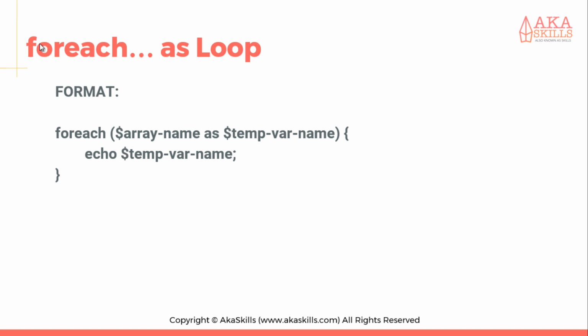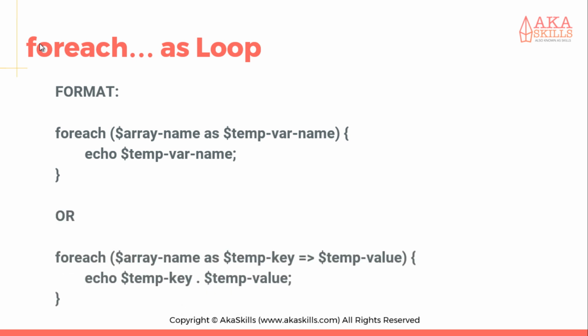Very simple as that. Now, the other one is for if you are using the foreach with an associative array. This is how you make use of it. You say foreach, then within the parentheses that follow, you specify the array name you use for the associative array, then the as keyword, and then you specify two temporary variables.